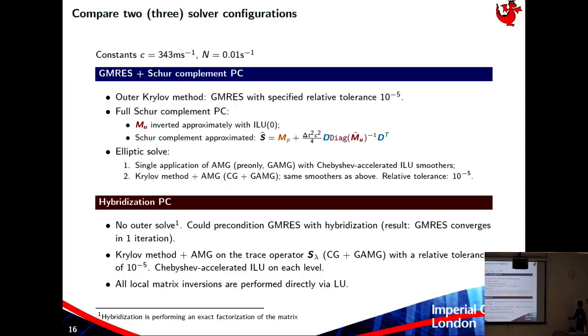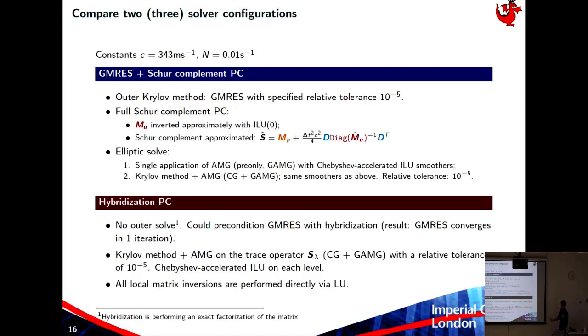For the hybridized one, there's actually no outer solve, because you can show that if you solve things exactly with hybridization, it's in the trace system, and you basically have LU. You're solving the system directly. So you can show that the solution of the hybrid problem is equivalent to the mixed one. This is proven by Arnold and Brezzi.